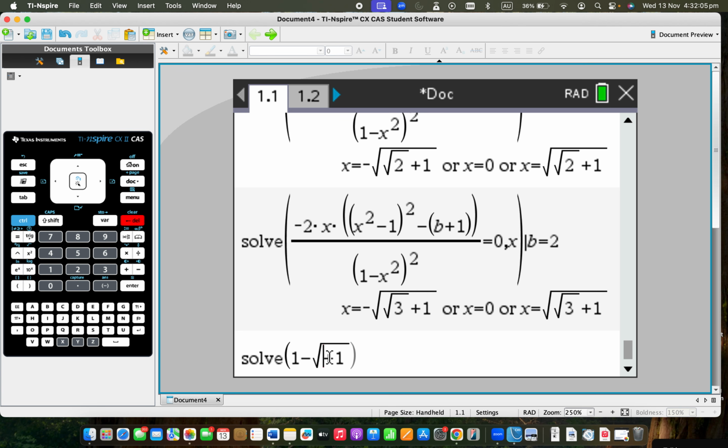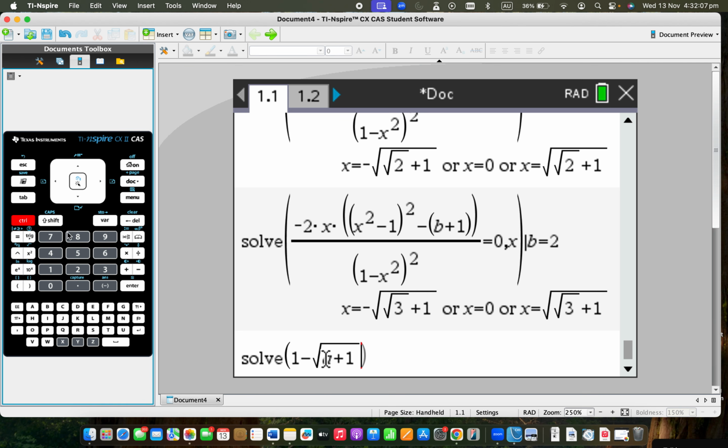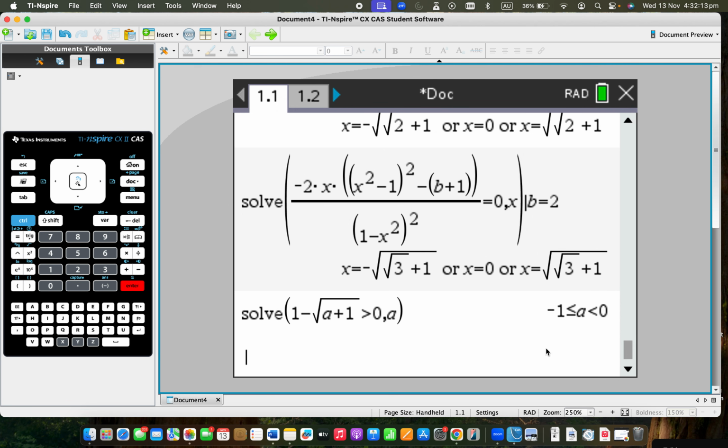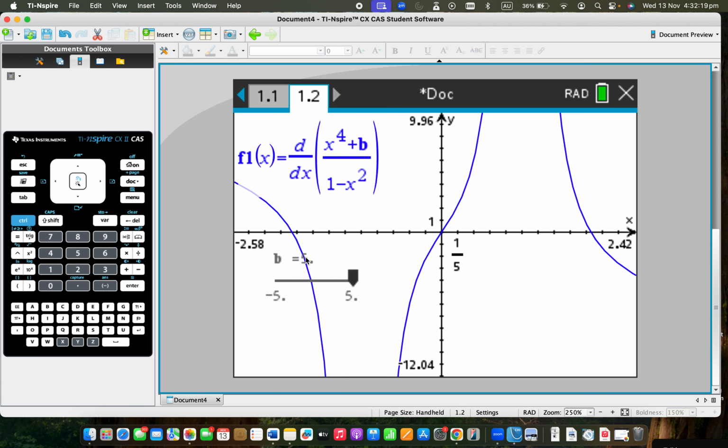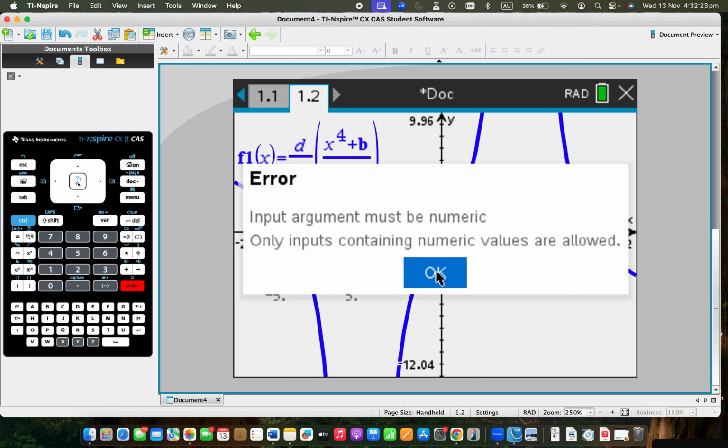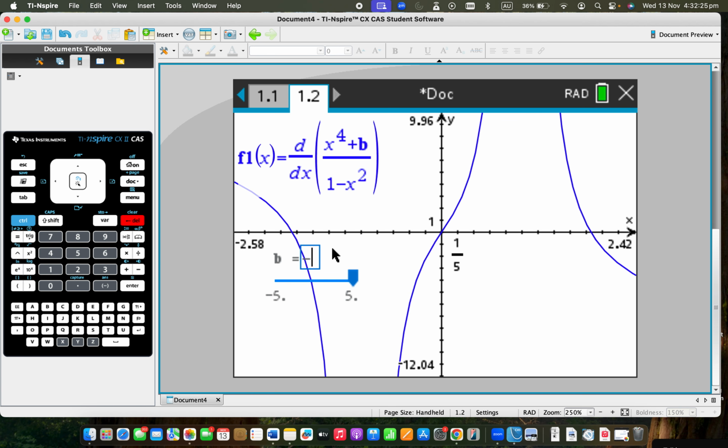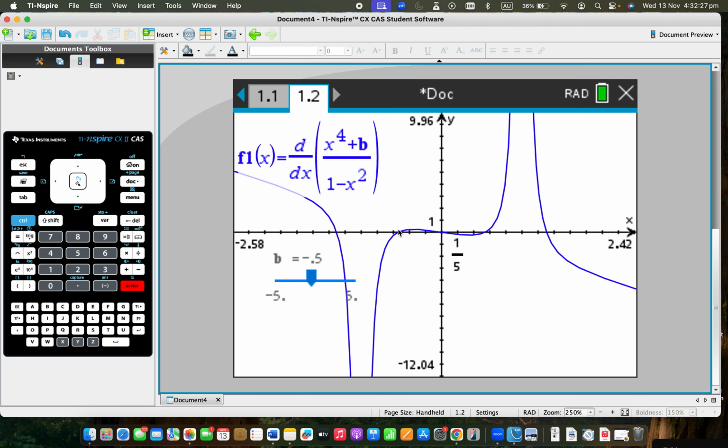I'll just change this to A. So that's between negative 1 and 0. So I think that's the rest. Let's just check. So if I did like negative 0.5. Oops. Yeah, 1, 2, 3, 4, 5.